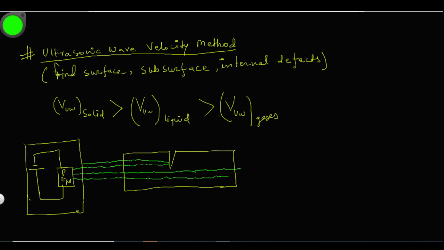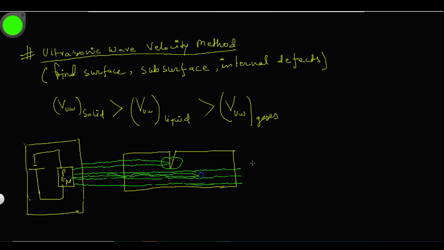Suppose, for example, these are the ultrasonic waves which are passing through the metal. From here, the ultrasonic wave is reflected back. Suppose another defect is present here like this. So what will happen? Again, the ultrasonic wave will come from the piezoelectric material, but it will not pass through. It will get deflected back.